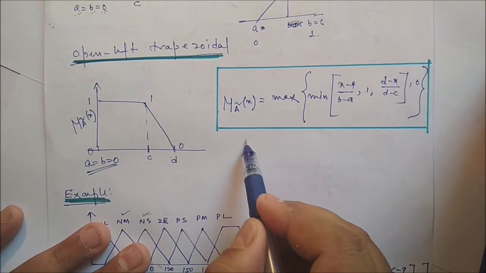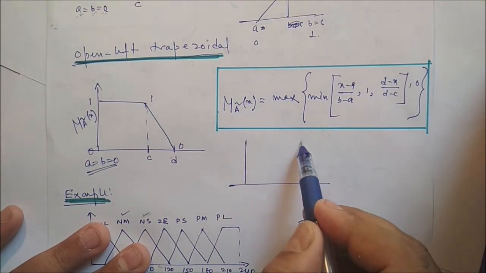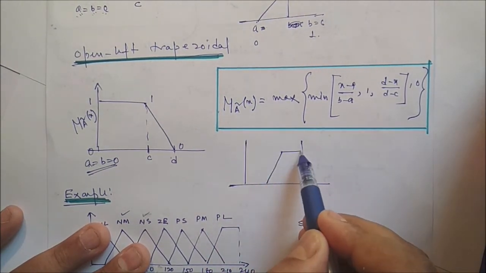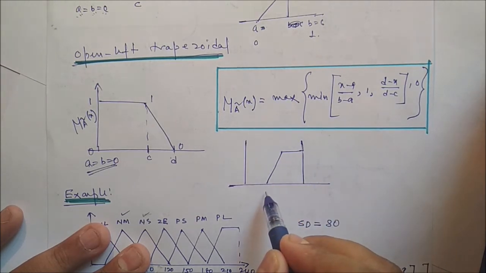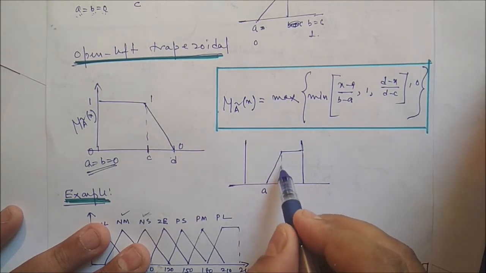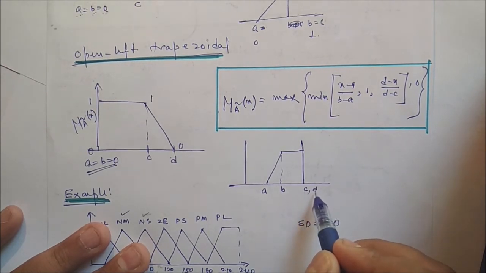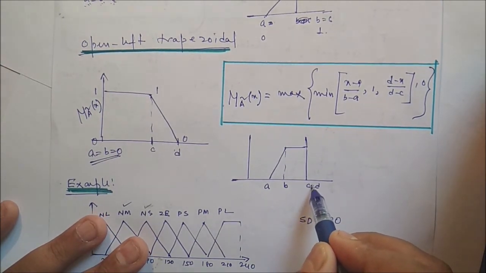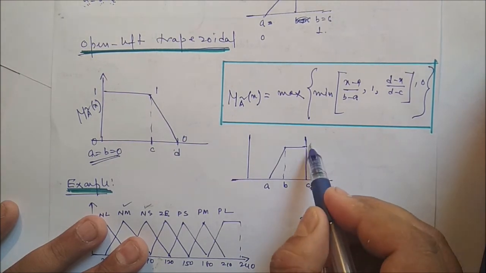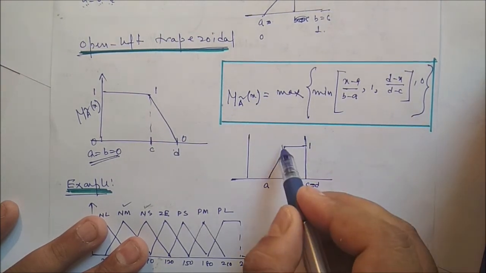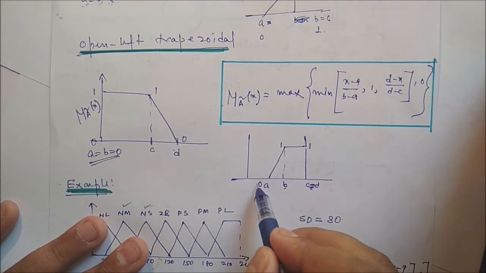Similarly, if it is open right trapezoidal, we can write a, b, c and d. So in both the cases, c and d should be the same, and at that time the membership value should be 1 here, and here it should be 0.